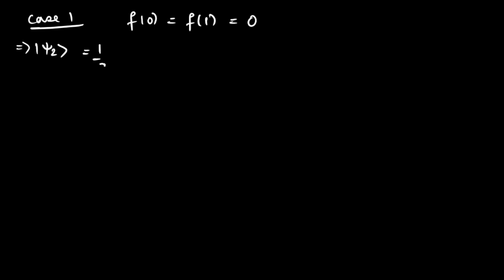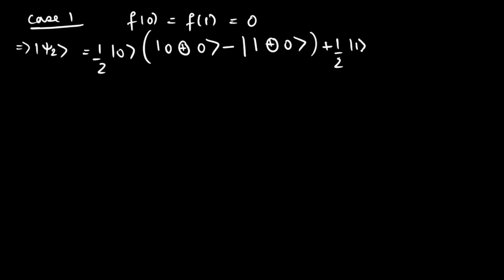Now let's take the first case, that f(0) is equal to f(1), which would be 0. This implies psi 2 will be equal to half |0⟩(|0 ⊕ 0⟩ − |1 ⊕ 0⟩) plus half |1⟩(|0 ⊕ 0⟩ − |1 ⊕ 0⟩), since f(0) and f(1) are both 0.